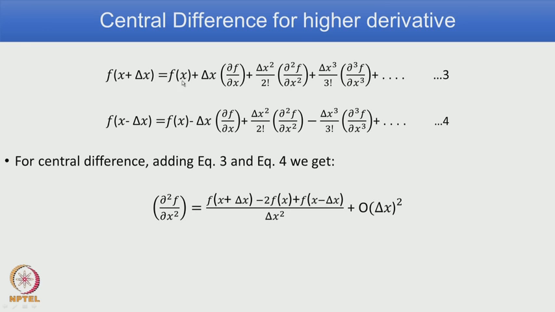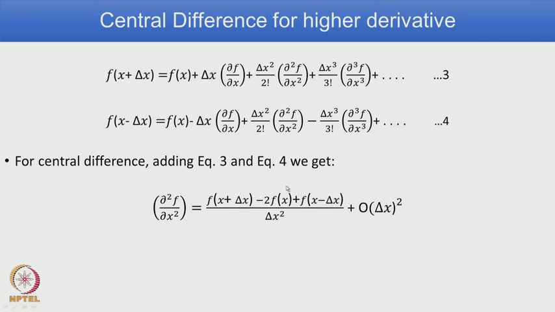So, we get f(x) here 2 times, and we want only the second derivative. So, after doing this operation, we get ∂²f/∂x² = [f(x+Δx) − 2f(x) + f(x−Δx)] / Δx², again of the order of Δx squared.